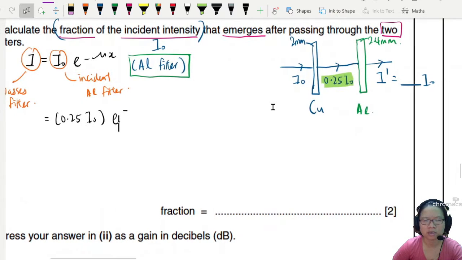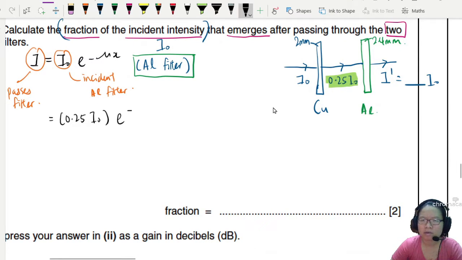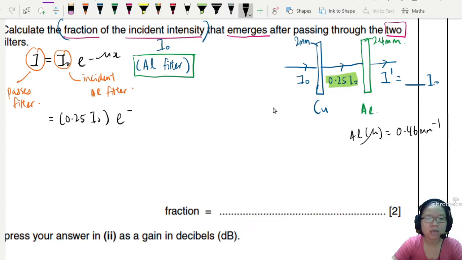In case I need it again, I'll just write here: for Al, our mu is 0.46 mm⁻¹. So this will be negative 0.46 times 2.4, and this is the amount that passes the filter.